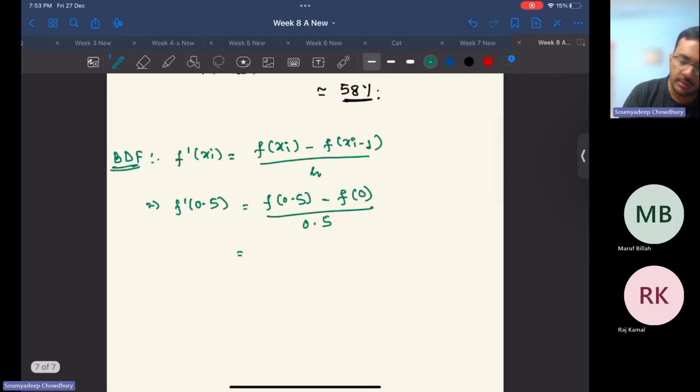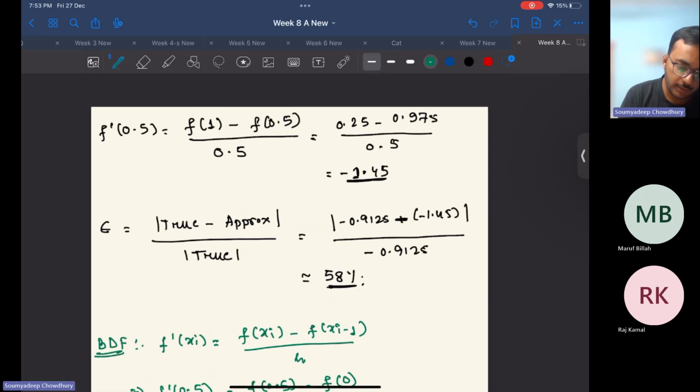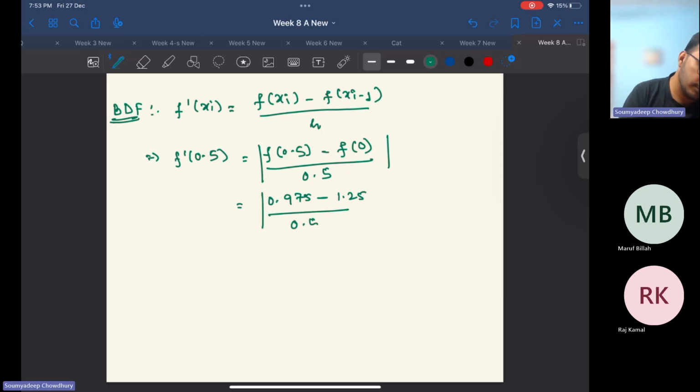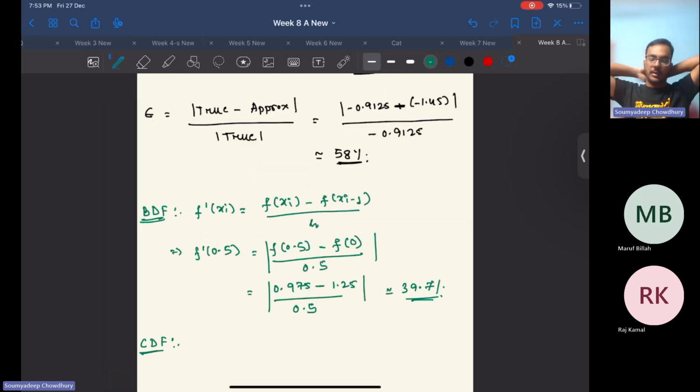If we substitute this here, f of 0.5 is 0.975 minus f of 0 is 1.25. Again, mod will come here, upon 0.5. So this is around 39.7%. And so here you can see this backward difference is better. Although the error here is also too much, it is better than the forward difference. The error here is lower compared to the forward difference.